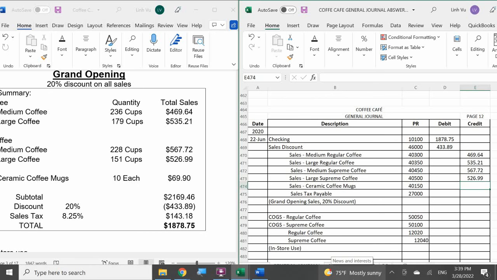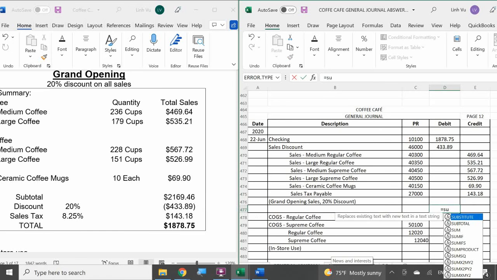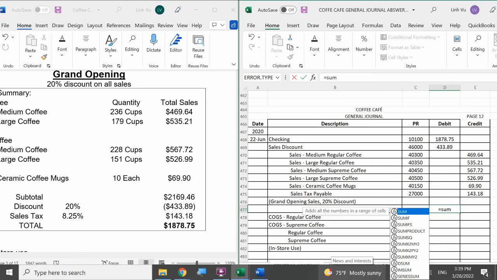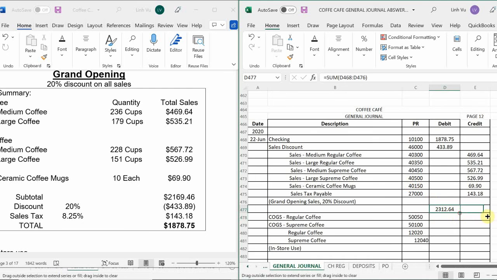Coffee mugs 69.90 and sales tax 143.18. Rule of thumb here, just to ensure that you didn't make any typos: I got 2,312.64 on the left, 2,312.64 on the right. Awesome.